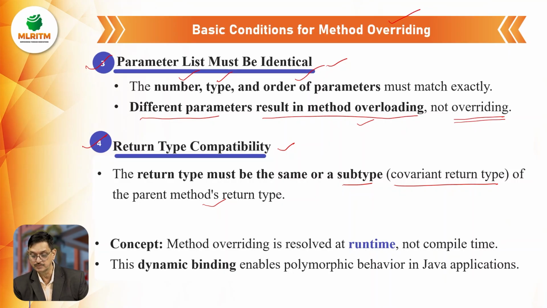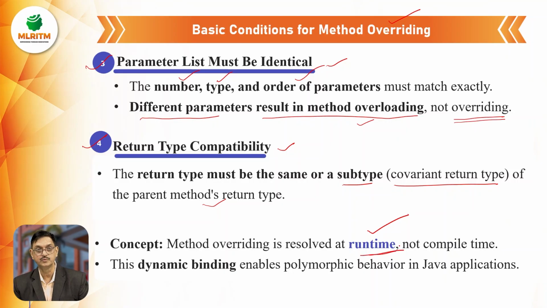In method overriding, we implement specialized requirements or customized method behaviors. Method overriding is resolved at runtime, whereas method overloading is resolved at compile time. That is one of the fundamental differences.